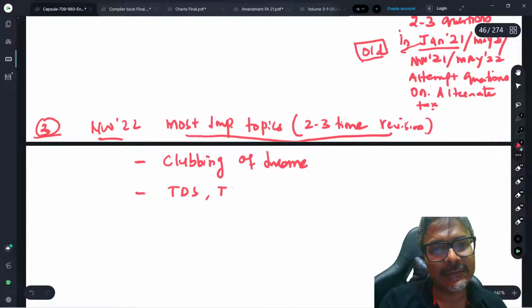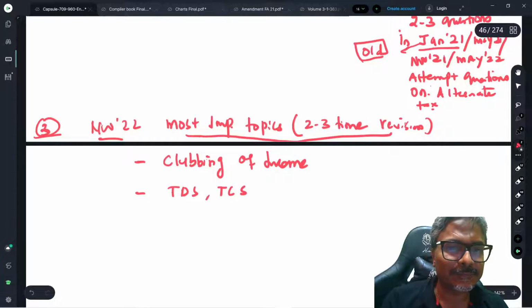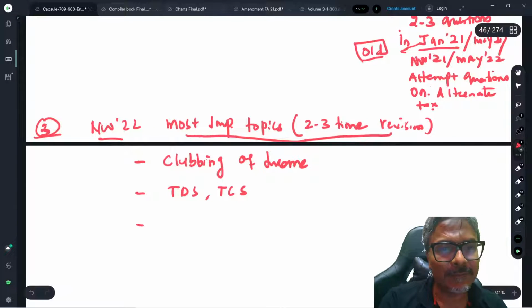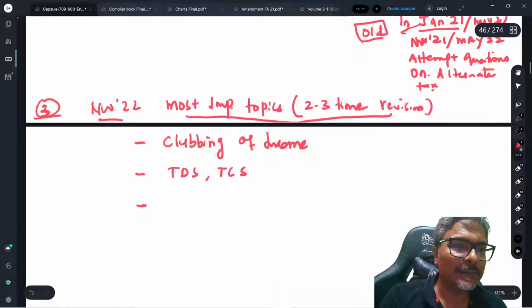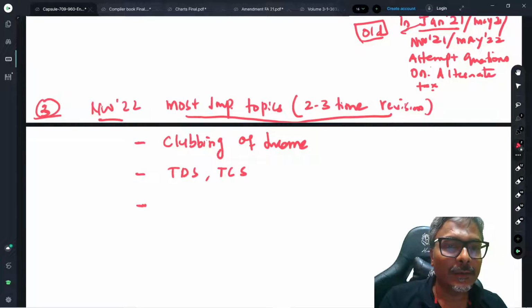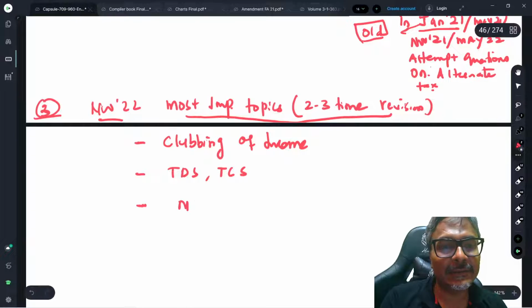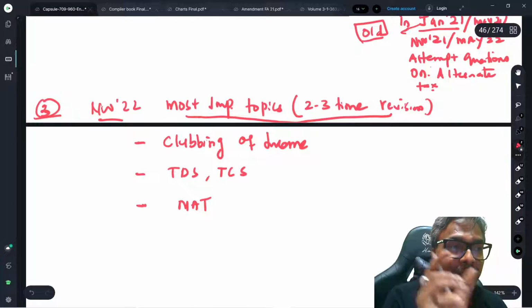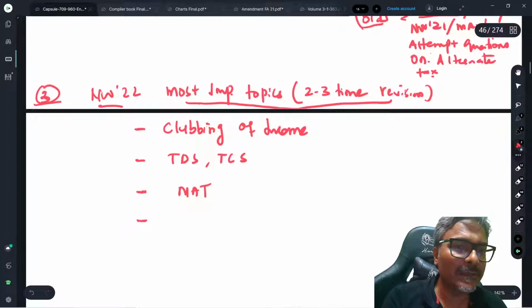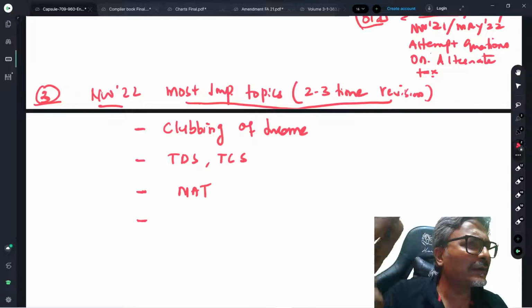TDS, TCS, primary, TDS, TCS. Next is the MAT. This time MAT, students, there is a lot of gap. So in all probability, this is also one of the more important. So here it is revision. You can only read it.